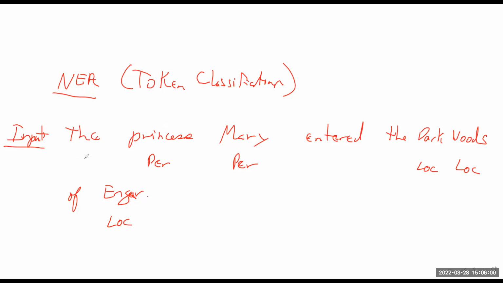That's not an entity, correct? So we say it's an O. Entered, is that an entity? No. Great. So for token classification, hopefully it's clear that the output is a sequence of tokens given an input. And this applies very well for the problem.